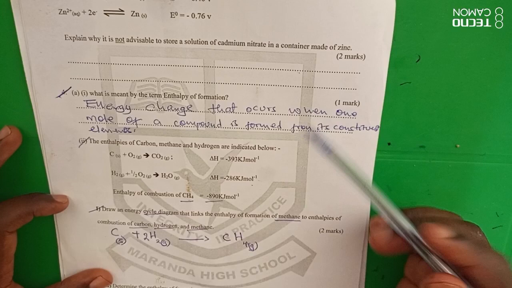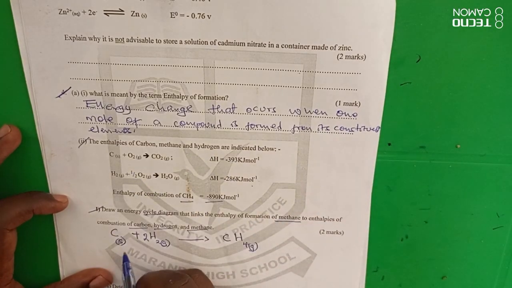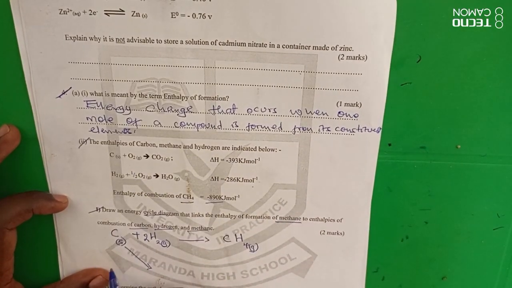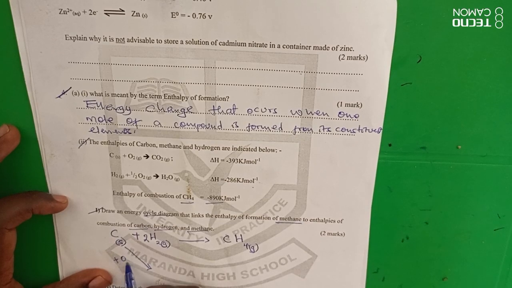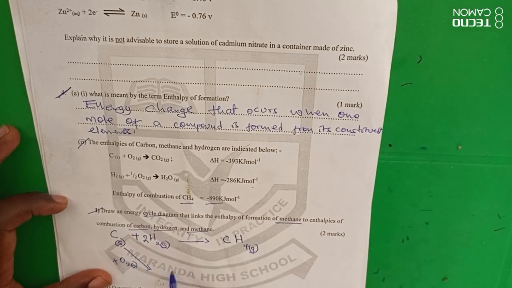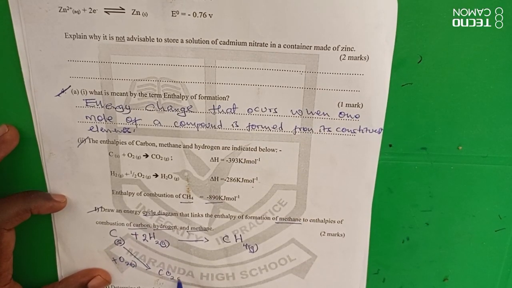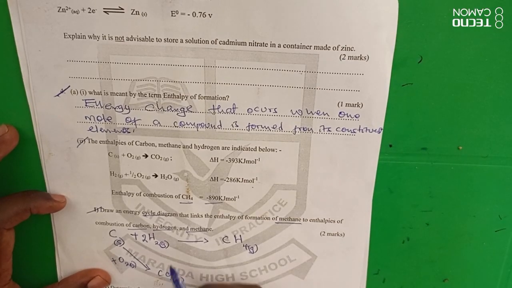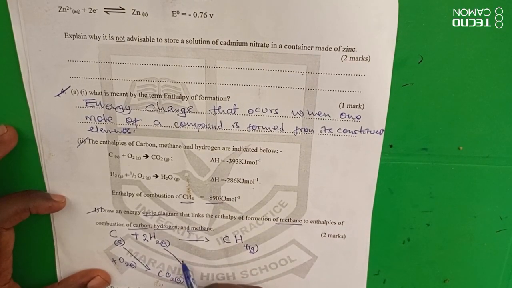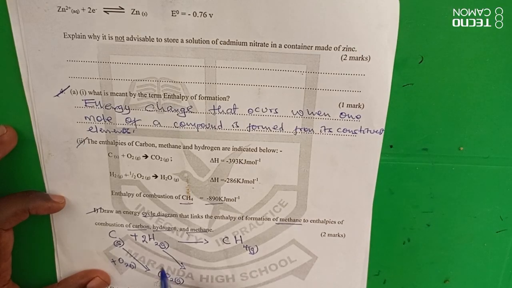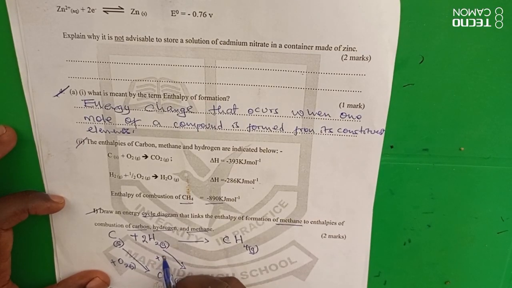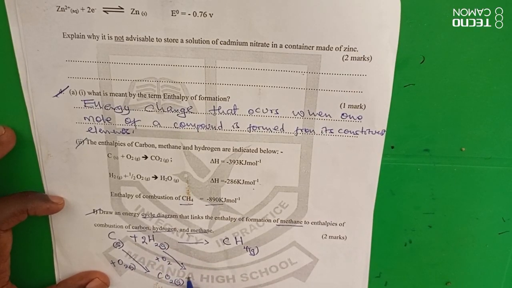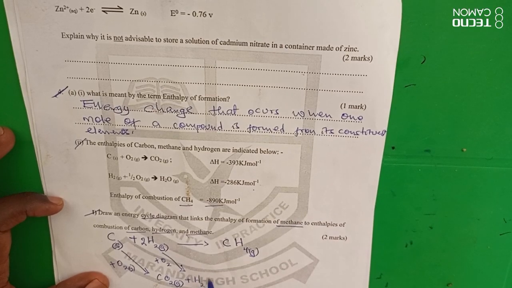Here we are told carbon burns in oxygen to produce carbon dioxide, and hydrogen burns in oxygen to produce water.